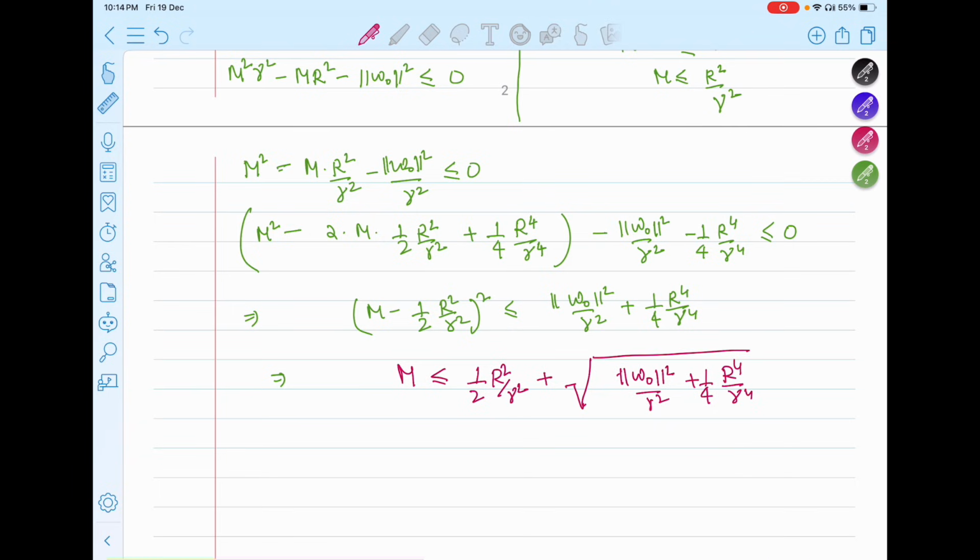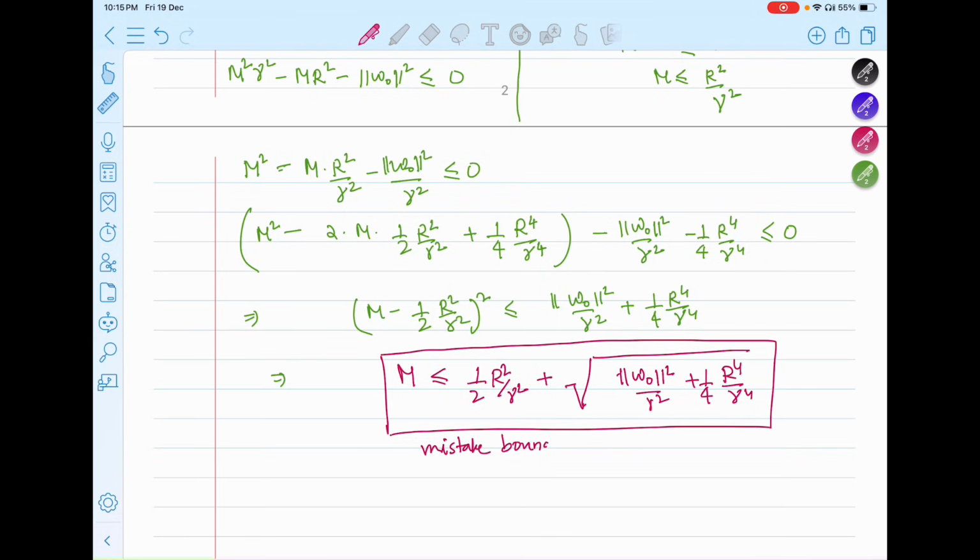This is the mistake bound if you do not assume W_0 to be 0. Again, if you put W_0 as 0 here, then you will get R square by gamma square. So this is the mistake bound when W_0 is not equal to 0.